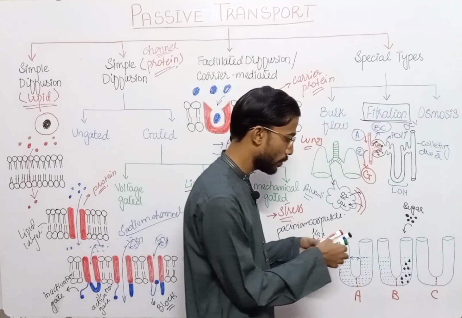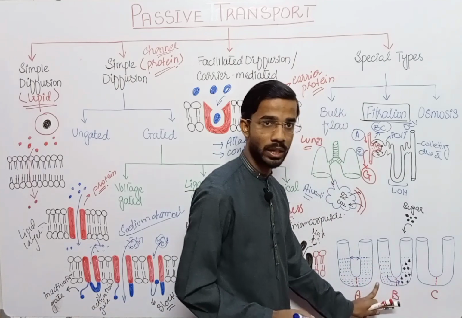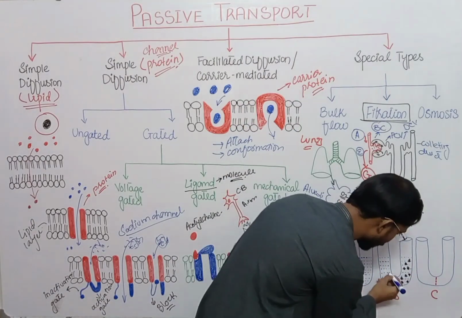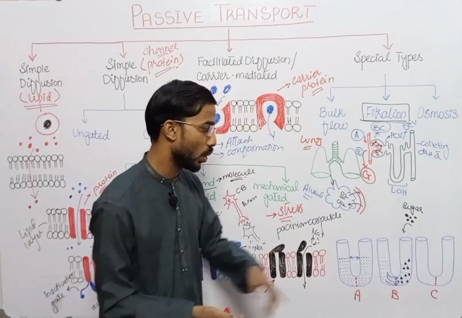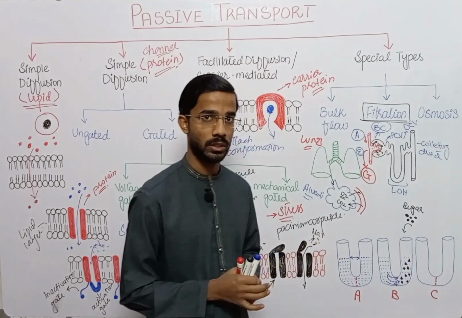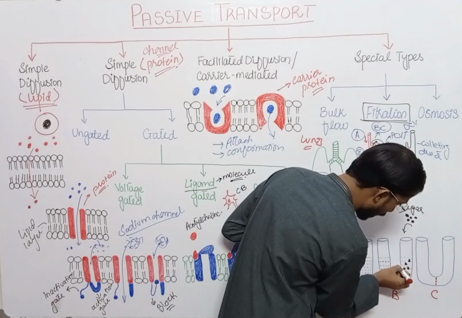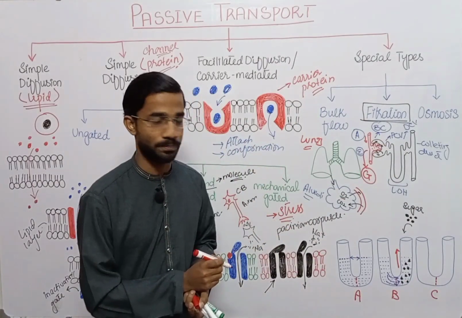So water will start moving from the low solute concentration to the higher solute concentration. This is actually osmosis. The water molecules move upward, and it exerts a force in the upward direction.